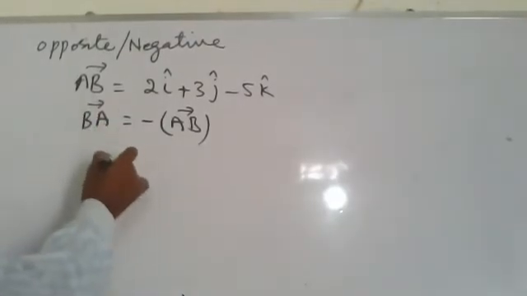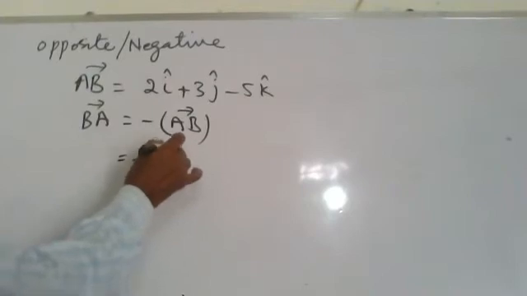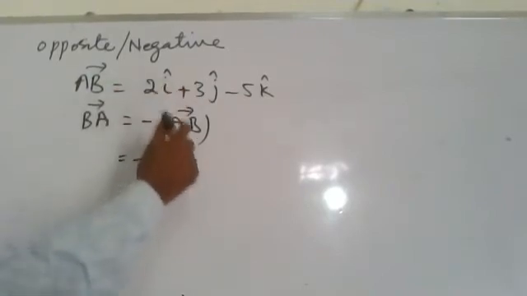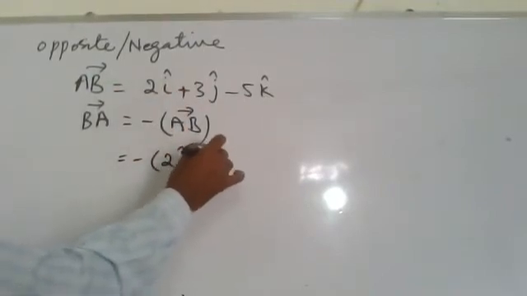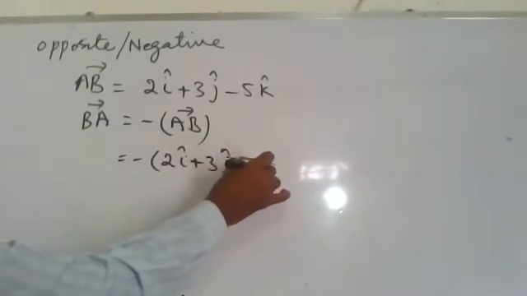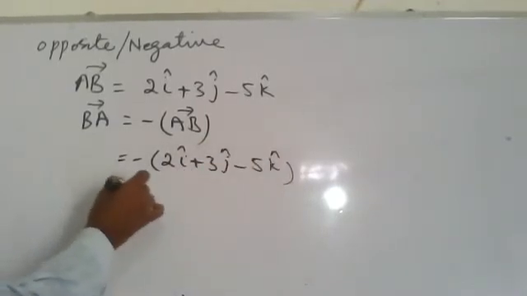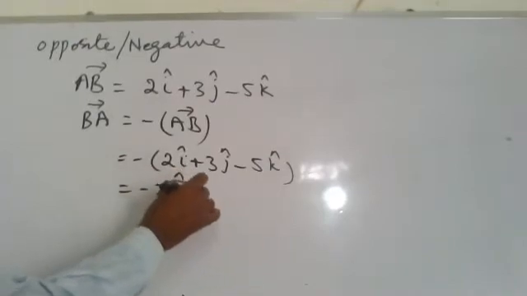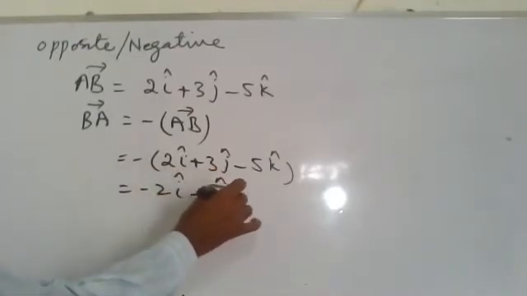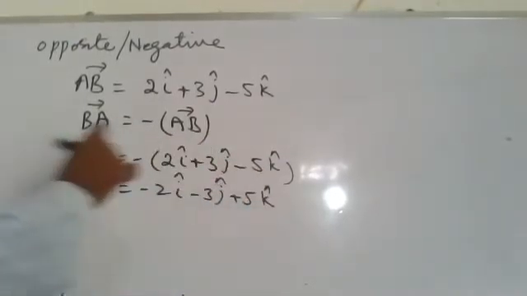So it will become minus into 2i plus 3j minus 5k. It will become minus 2i minus 3j plus 5k. This is the vector BA.